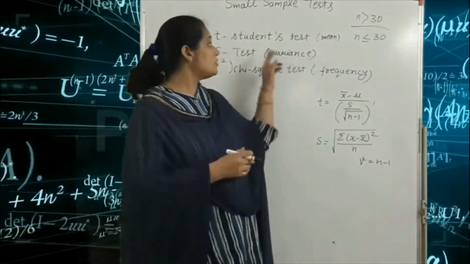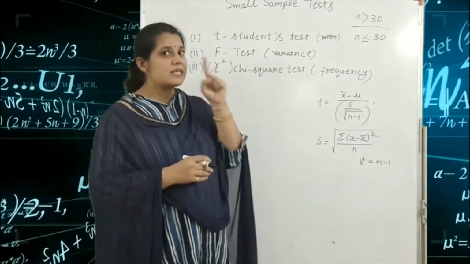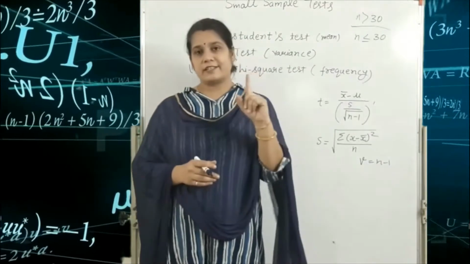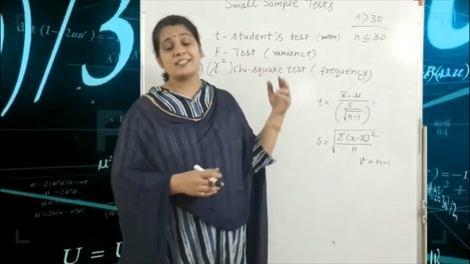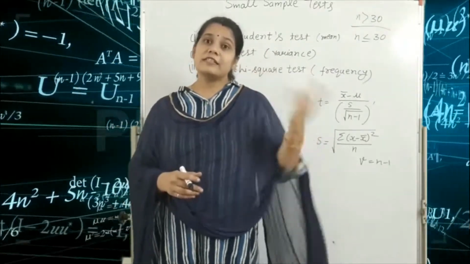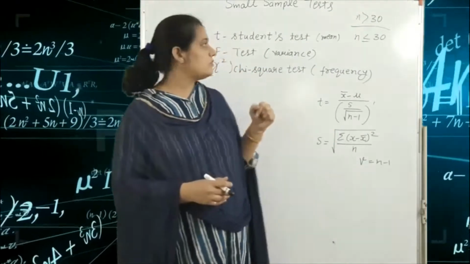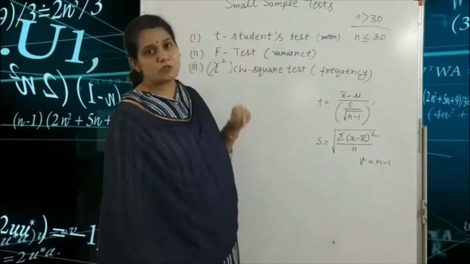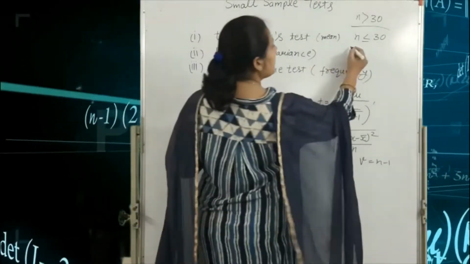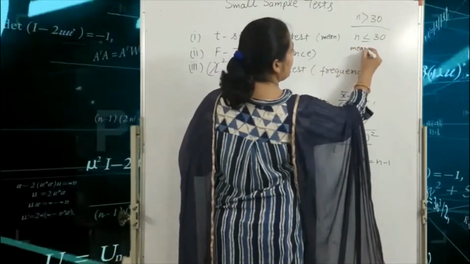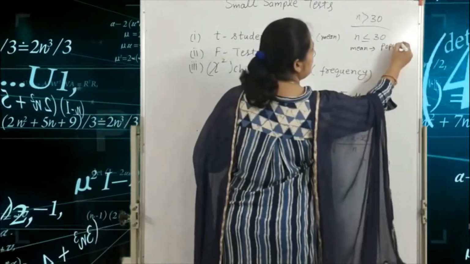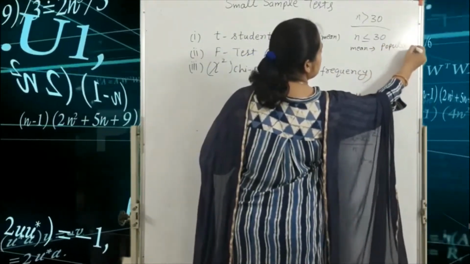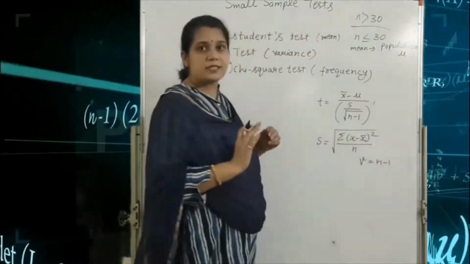In these tests, always keep in mind there is one trick for deciding whether a question depends on the T test or the F test. In the T student test we are given the mean, and this mean is the population mean, given as mu.